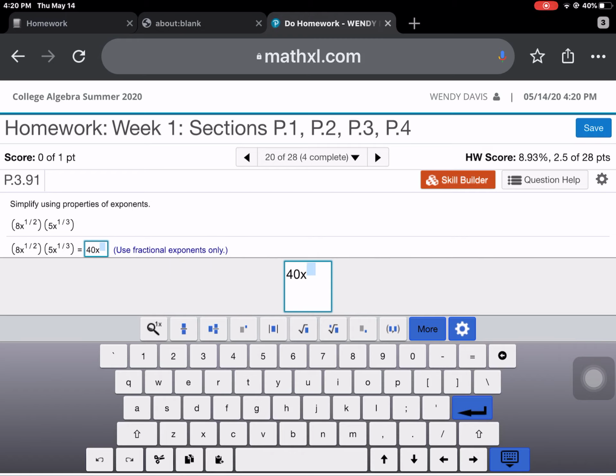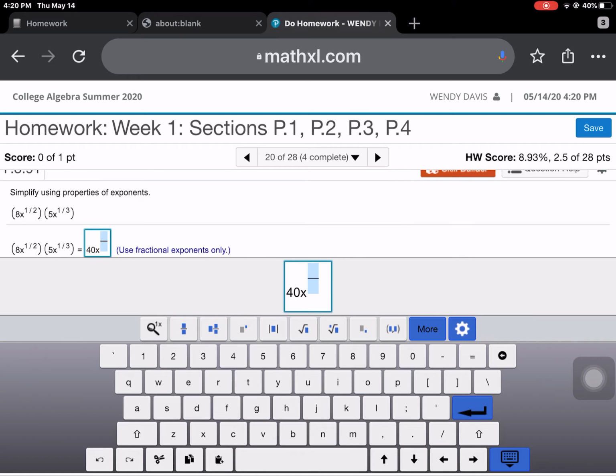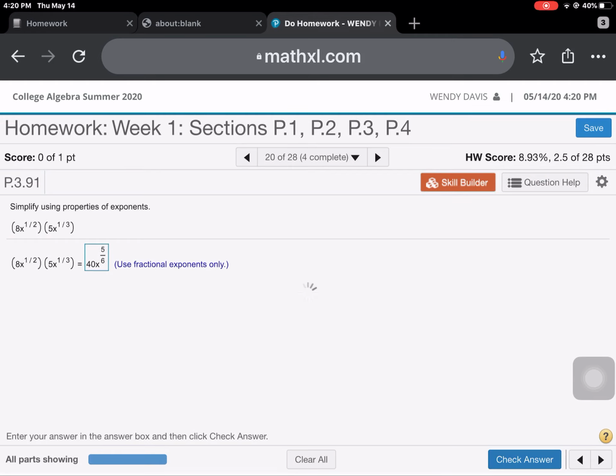Now we need our exponent to be a fraction, so you hit the fraction right there. Okay, so I got the 5/6 by adding 1/2 and 1/3. Okay, you use your exponent button first, and then you say that your exponent needs to be a fraction.